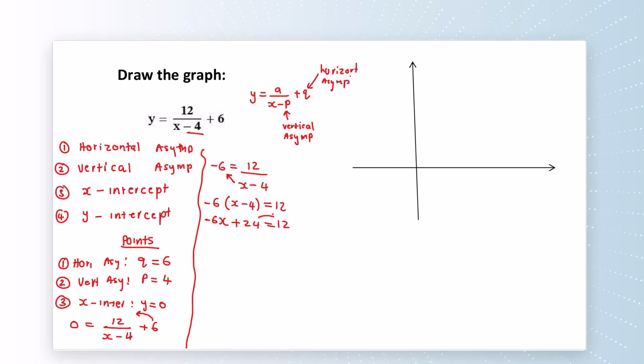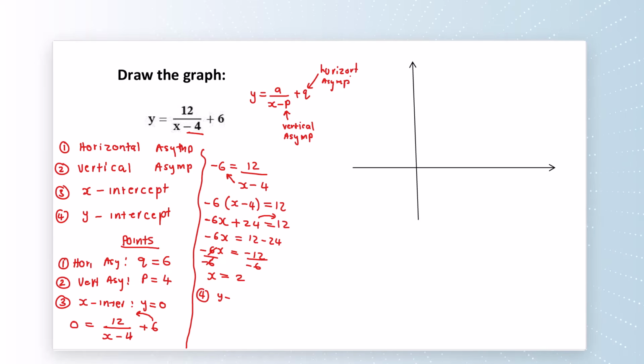Transpose the 24. It's going to be minus 6x equals 12 minus 24. So you're going to have minus 6x equals minus 12. Divide both sides by minus 6 so we can be left with x. Then we get x to be 2.